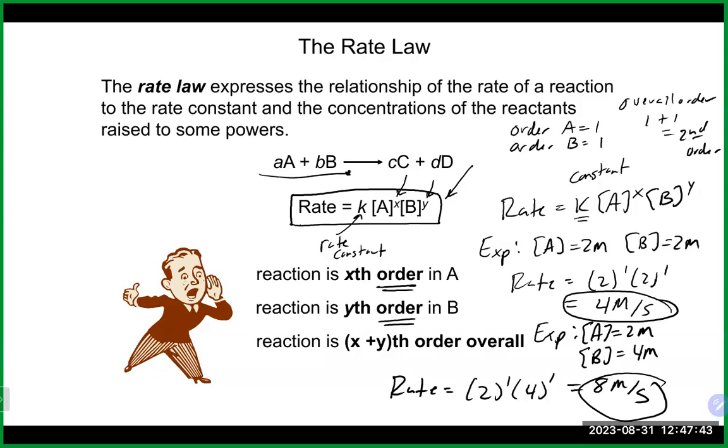So let's say we were doing this and we want to slow it down. We could very simply just change our concentration of A or leave it at 2, but we'll drop our concentration of B down to, say, 1 molar in this case, right? Now, in this case, the rate would equal 2 to the 1 and 1 to the 1, which is now 2 molar seconds.